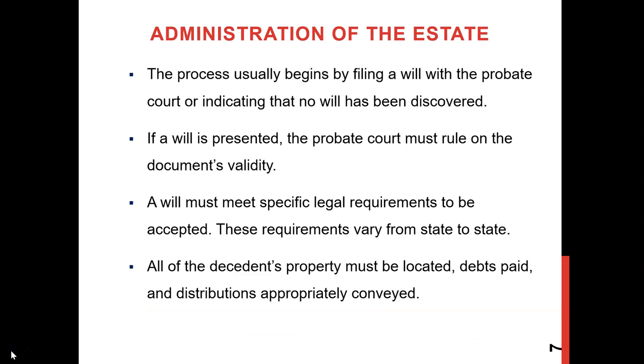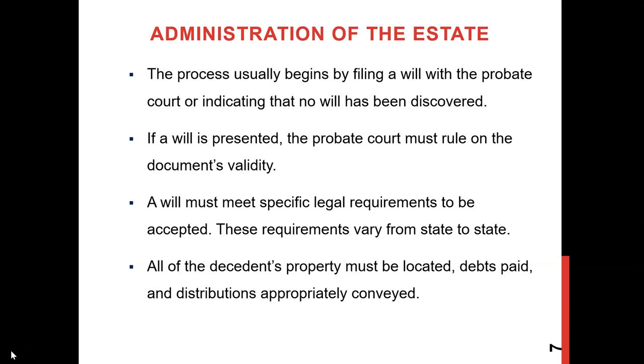So now how does the process start? The process usually starts by filing a will with the probate court, or if there is no will, it will also be reported to the probate court. If a will is found, then the probate court will check whether the will is valid or not.